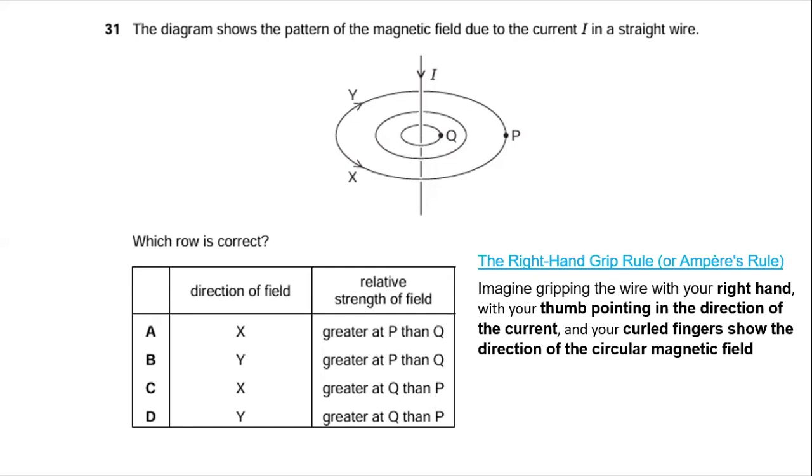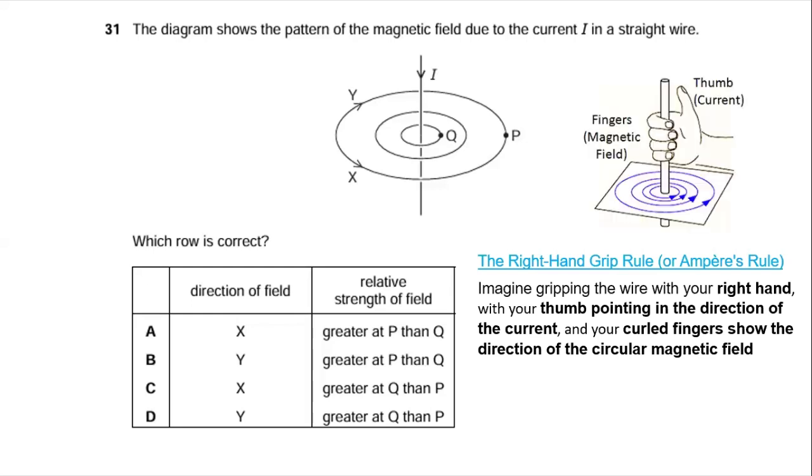Imagine gripping the wire with your right hand, with your thumb pointing in the direction of the current, and your curled fingers show the direction of the circular magnetic field. So in this way, when we keep our right hand thumb towards the current direction, the curled fingers show the magnetic field direction.